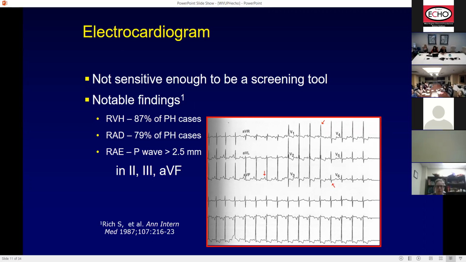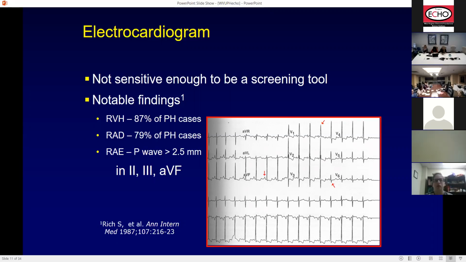Not only is echo and clinical story important, the electrocardiogram is super important too. Simple things you can do in the clinic. Get an EKG. Is there evidence of RV strain? Any evidence of RV hypertrophy, right atrial enlargement, and so forth? Those are all big characteristic findings, and a lot of them you can get 80% of the time just by EKG, for PAH.